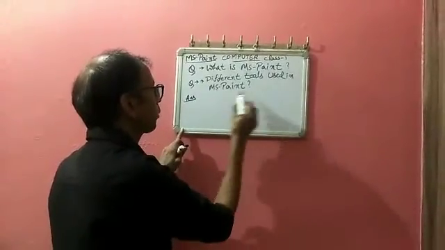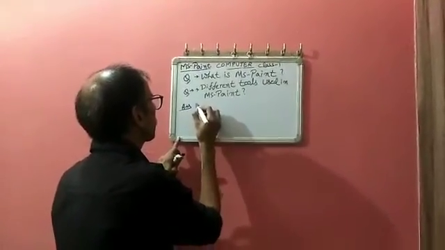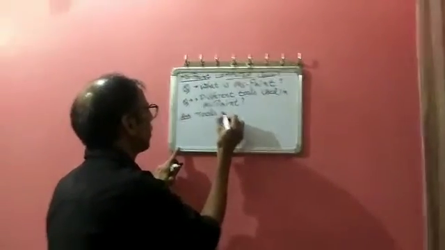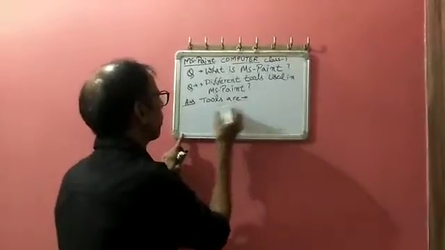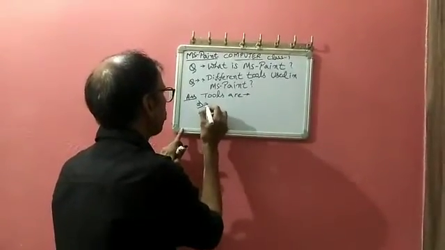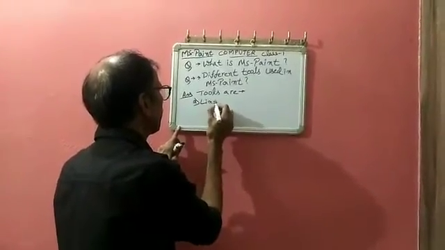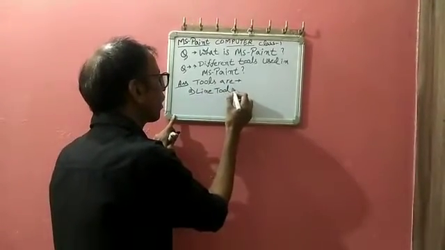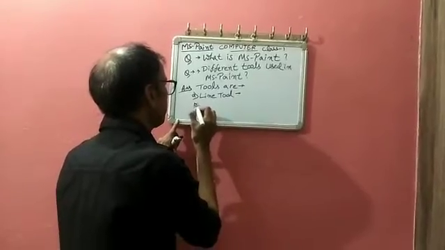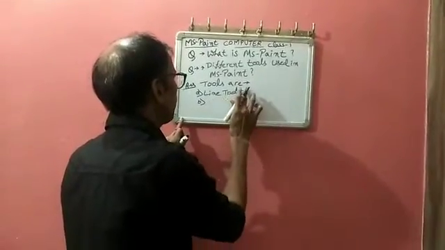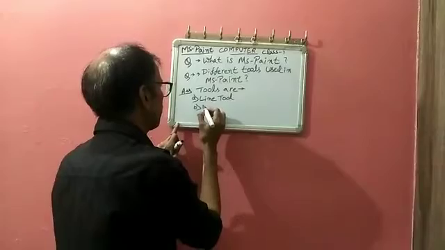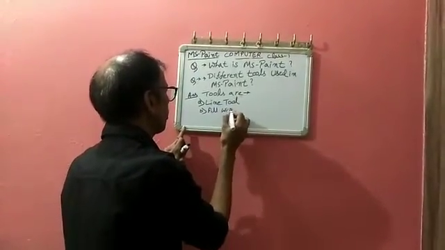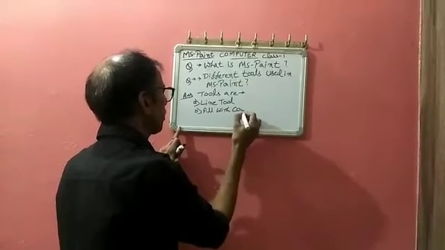Different tools used in MS Paint. The tools are: A, line tool. Using this tool, you draw lines. B, fill with color.